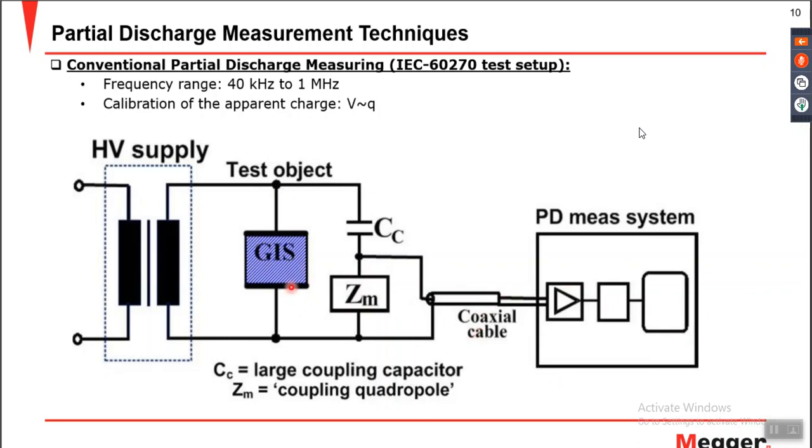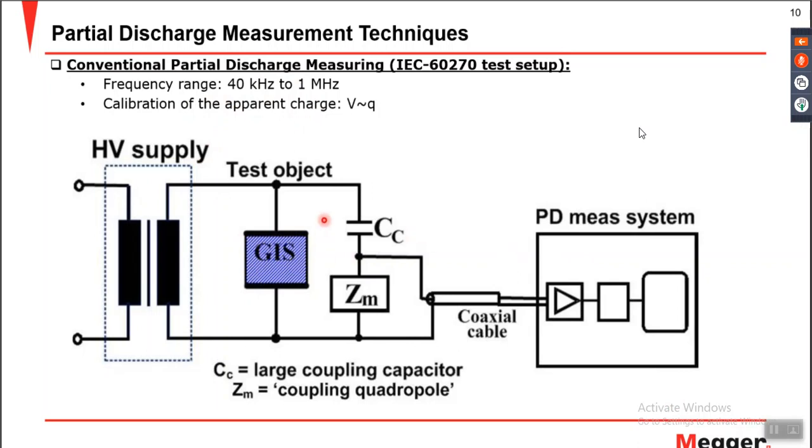And all these measurements are done in the IEC 60270 defined frequency range of 40 kilohertz to 1 megahertz. But the important part of this conventional measurement is that with this circuit we can do the calibration. So what do you mean by calibration? How is it going to help you?